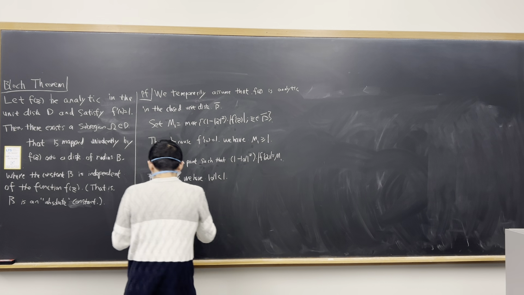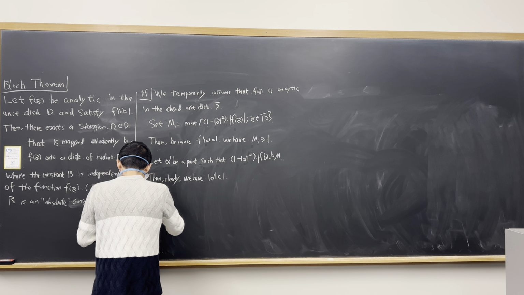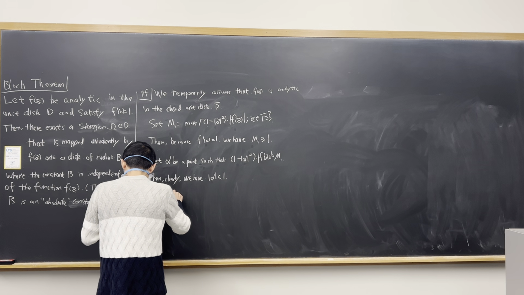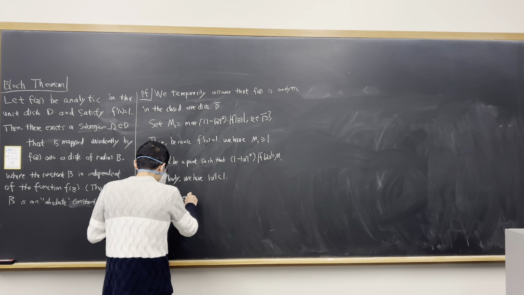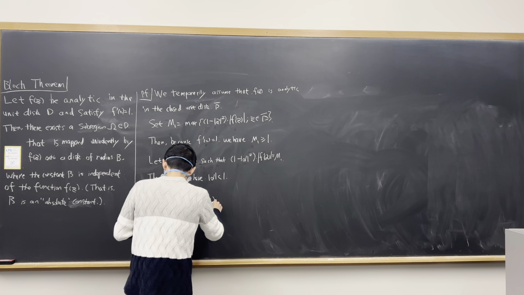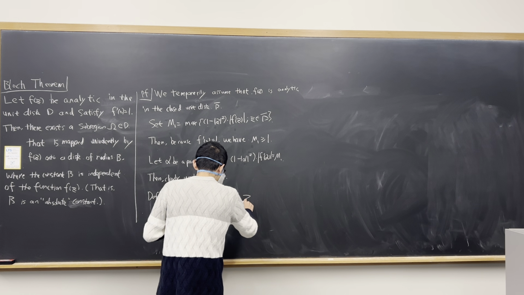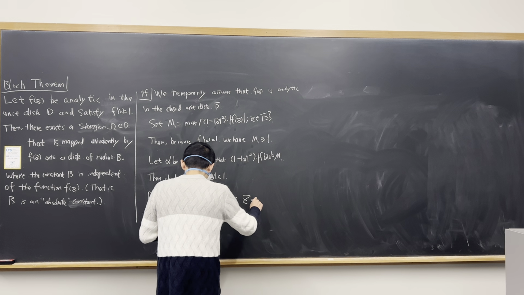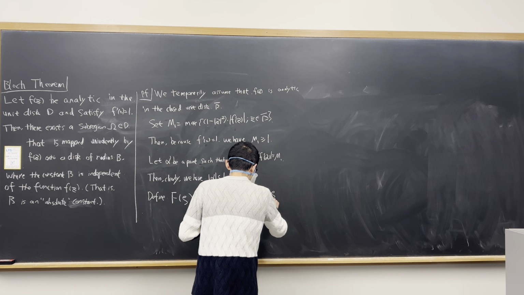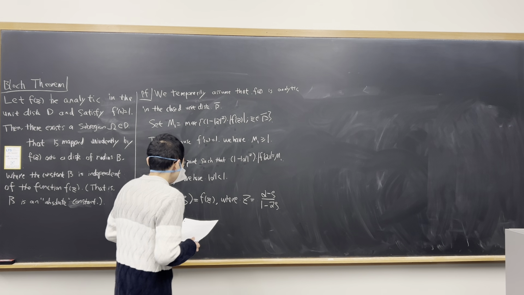So now we define another function F of zeta equal to small f of z, where this z is equal to alpha minus zeta over 1 minus the conjugate of alpha times zeta.